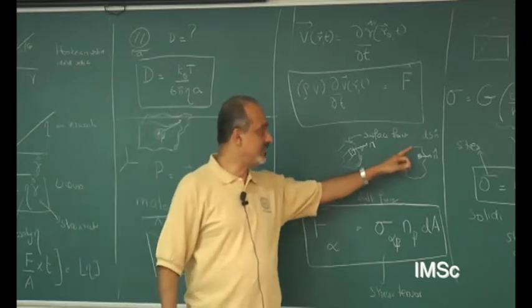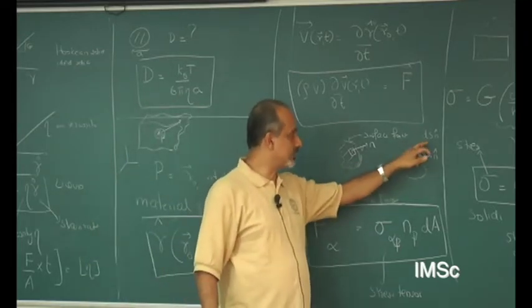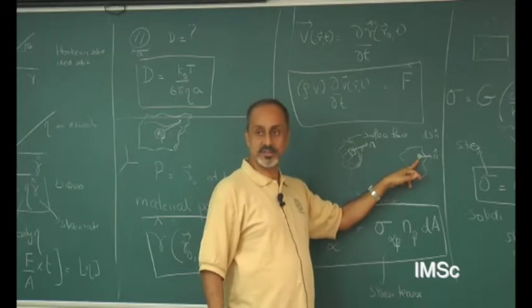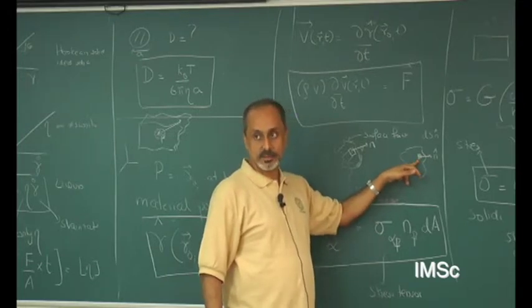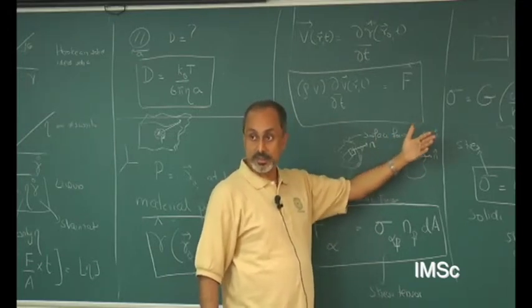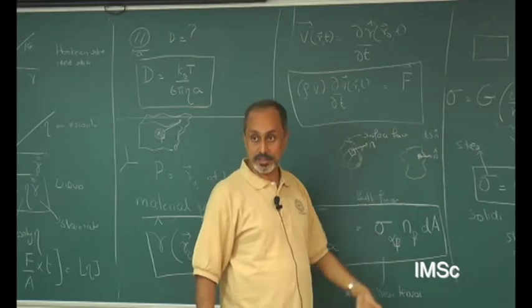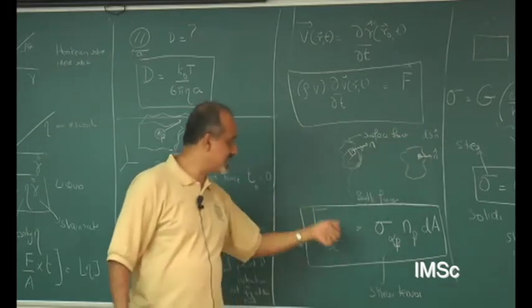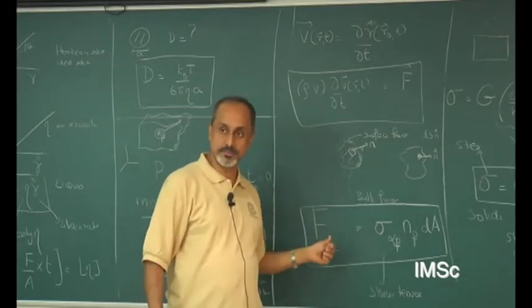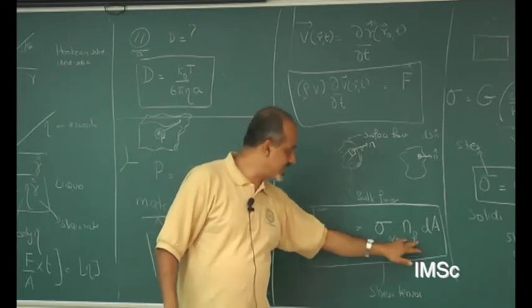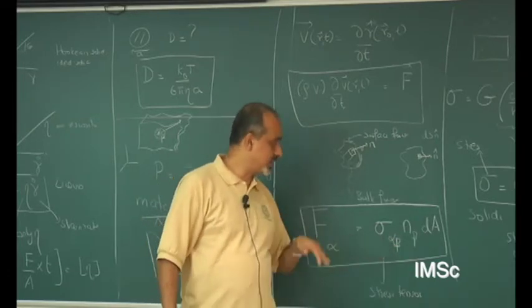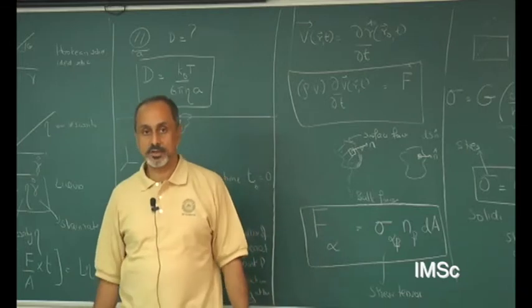Once I tell you that, I have to tell you what are the components of the force with respect to this little surface element. There are components of the force that are perpendicular to that, and there are components of the force that are parallel to that. So this essentially disentangles all of those things. And because this is a vector here and this is a vector here, this quantity here must be a more complicated object called a tensor.